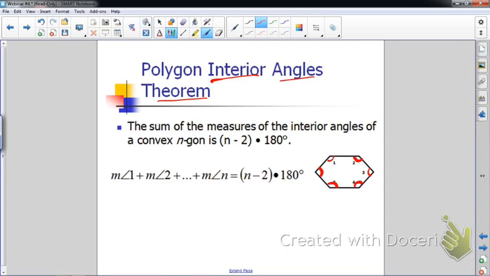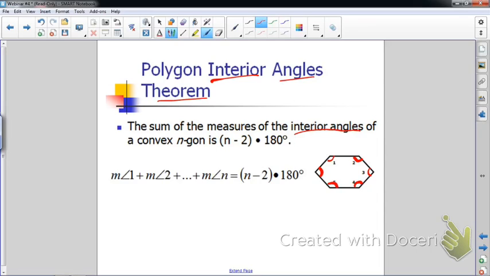And then it says, if you know the number of sides, you will know the sum of the interior angles of that polygon itself. It's something that should be taken into account, because depending on the size of the polygon, the interior angles will always change.